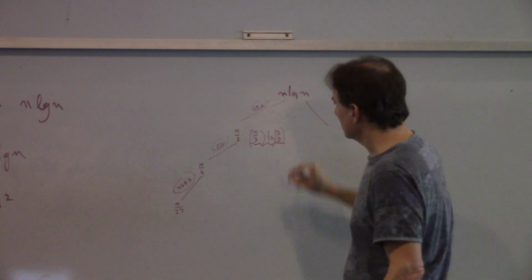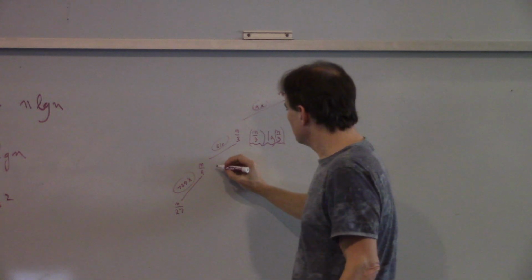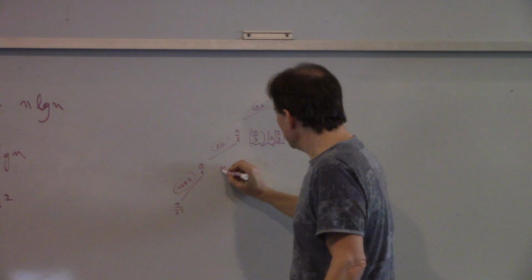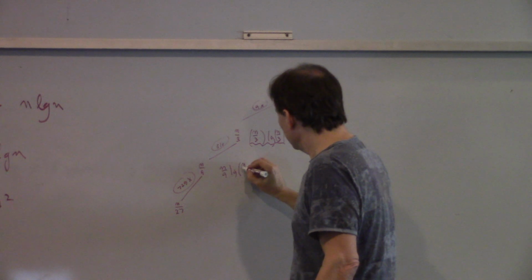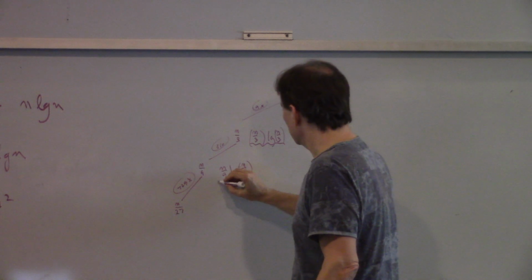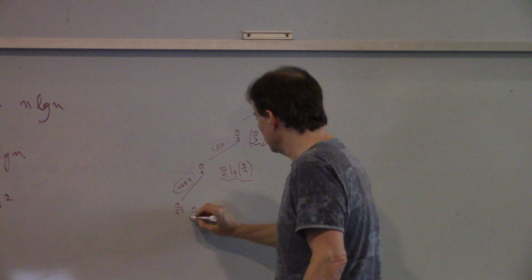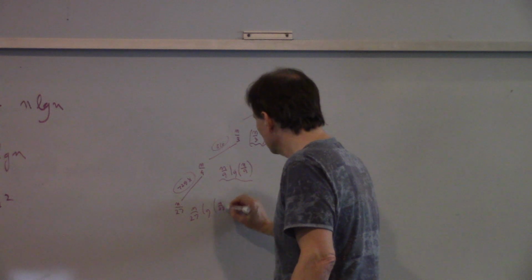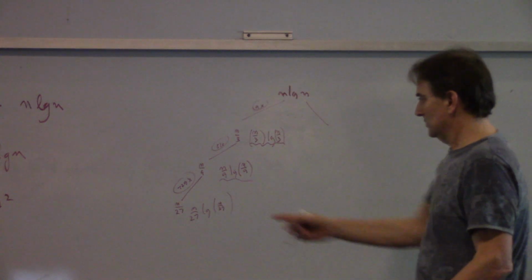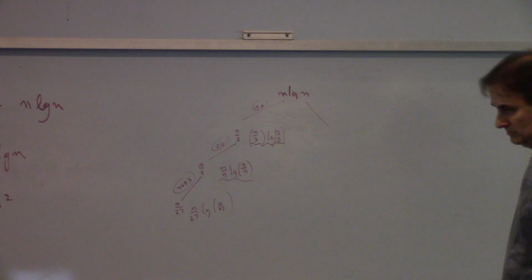I'm going to underline the work. And here it's going to be n over 9 times lg of n over 9. That's the work. And here we're going to get n over 27 times lg of n over 27. There's going to be 729 of these things.